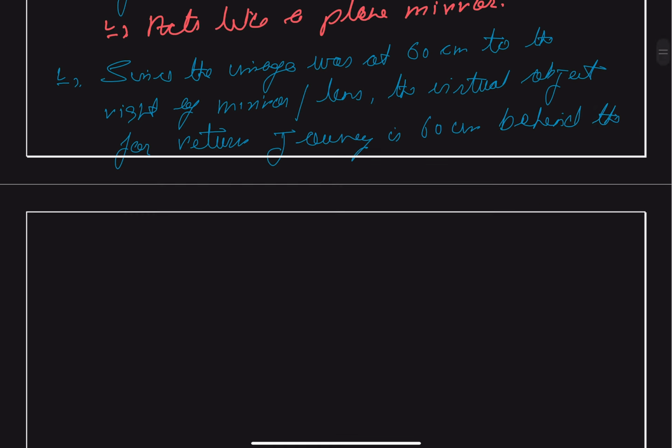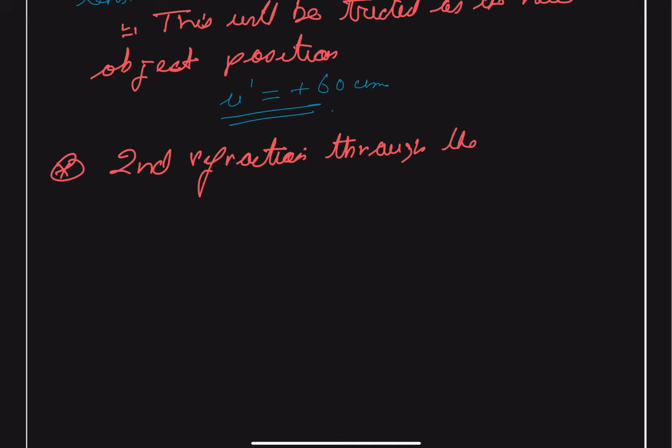Now we come to the return path, that is the second refraction through the lens, basically on the return path.